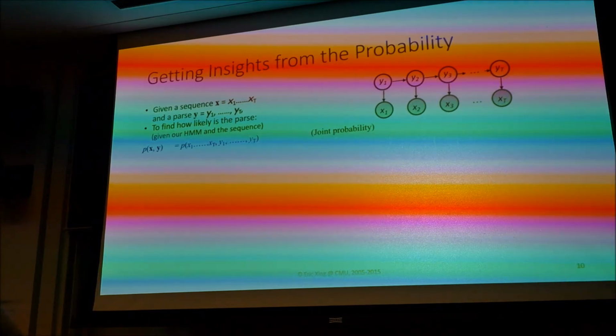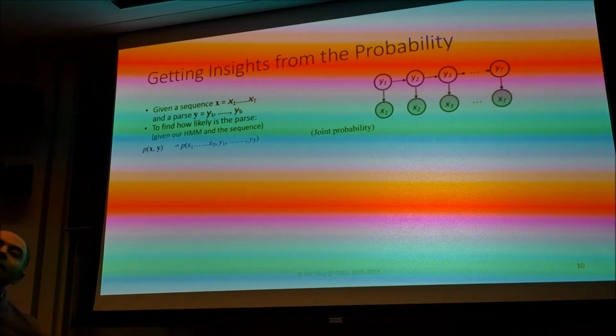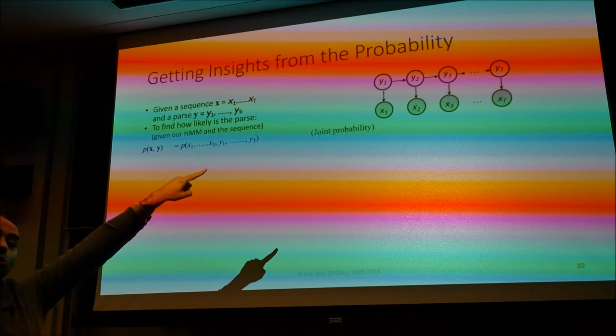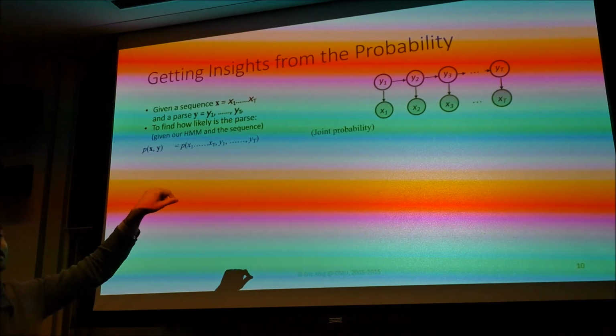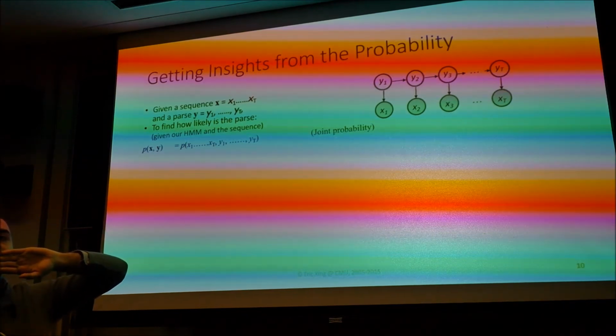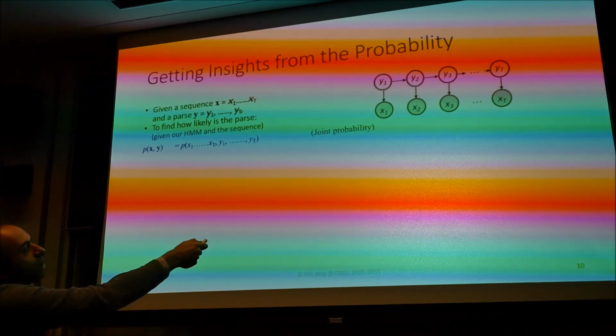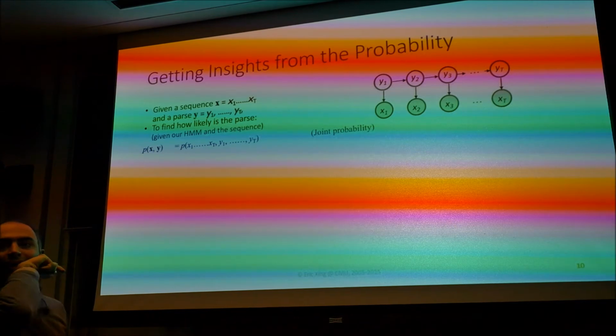Anybody want to try? Yeah, please. The product of the probability of yi, all the products together. Yeah. And then the product of the probability of py1, py2, and then px1 given y1, px2 given y2. Okay, so you're saying py1, py2, wait a second, that's wrong.